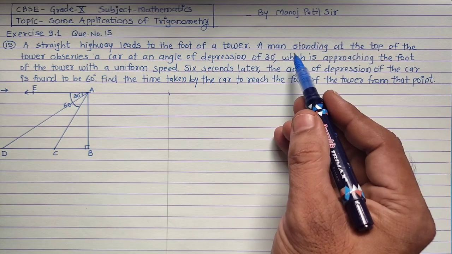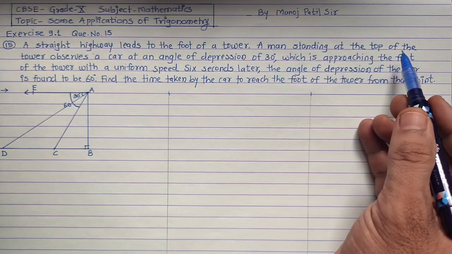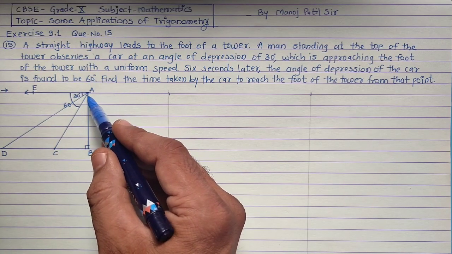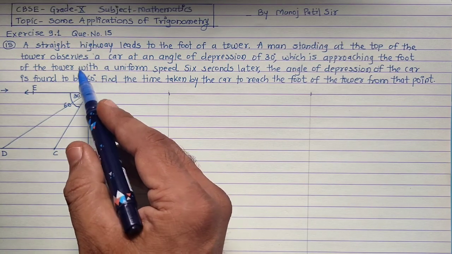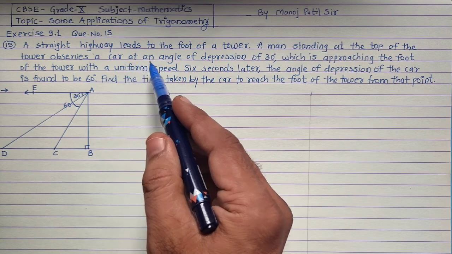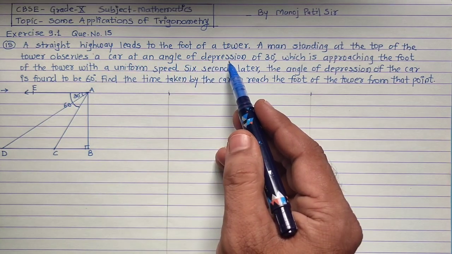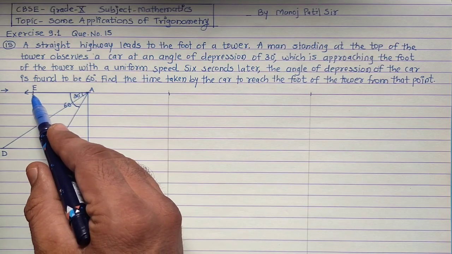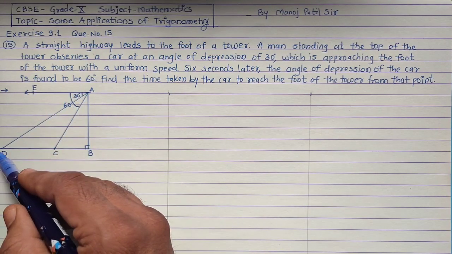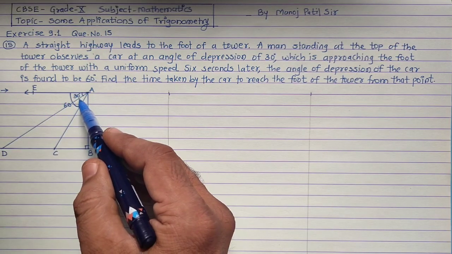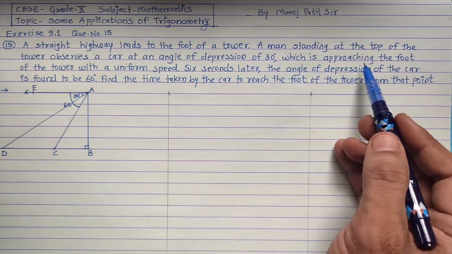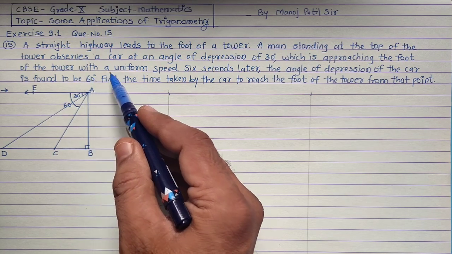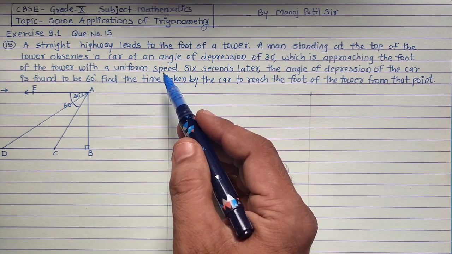A man standing at the top of the tower, so the man is standing at point A here, observes a car at an angle of depression of 30 degrees. So here angle EAD is 30 degrees, which is approaching the foot of the tower with uniform speed.